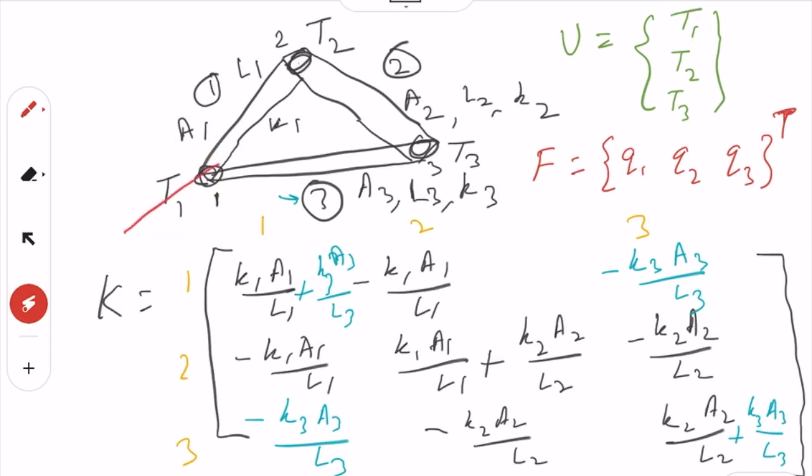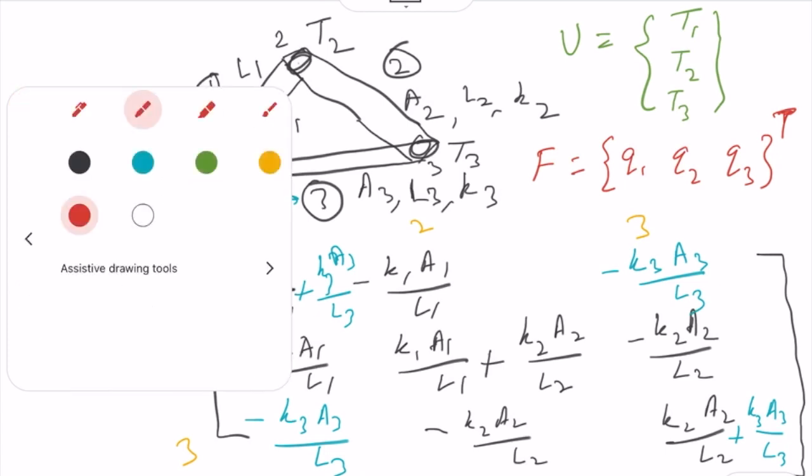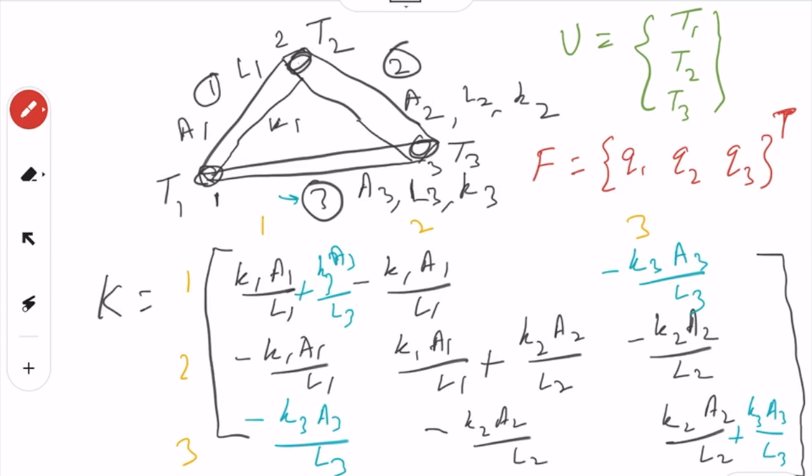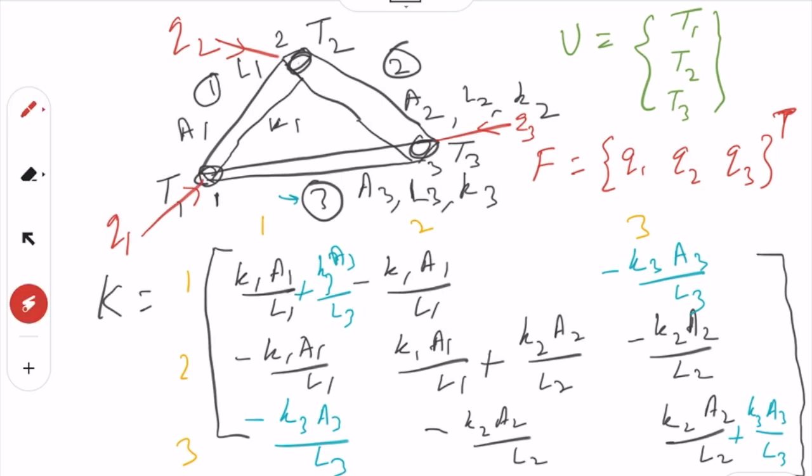Q is basically the heat coming to all these corners. So the heat coming here will be Q1, the heat coming here Q2, and similarly here it will be Q3. If there is a condition that there is no heat flowing in or out, then you will take Q2 equal to 0.